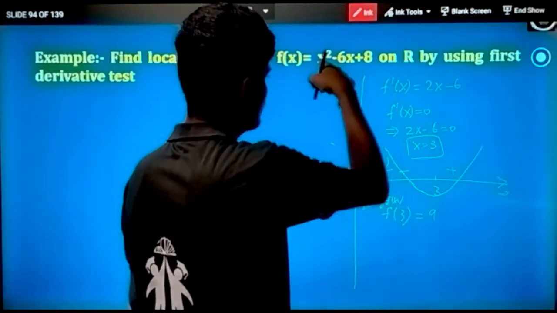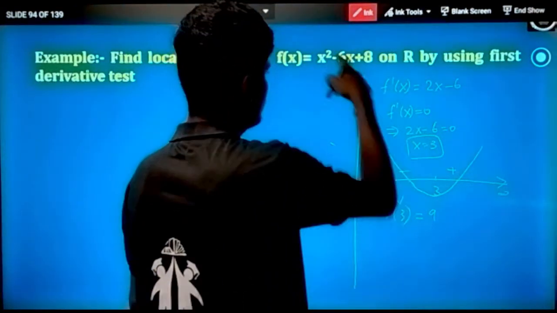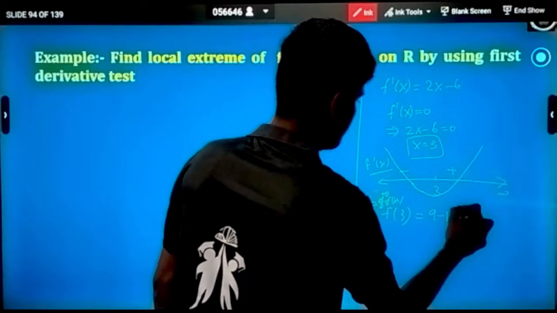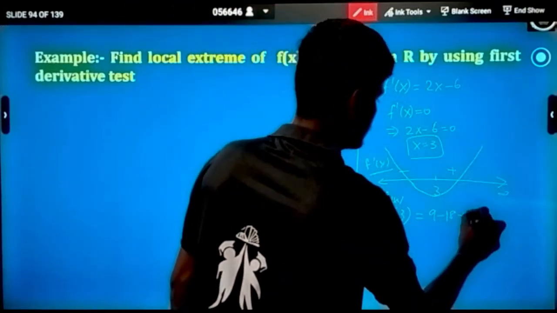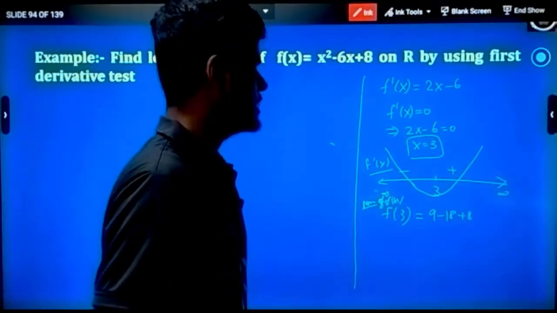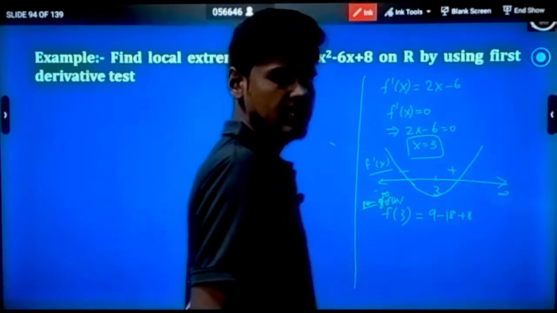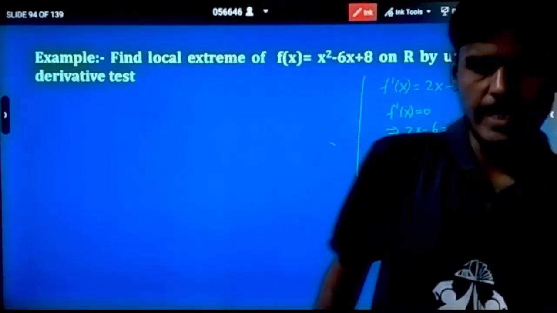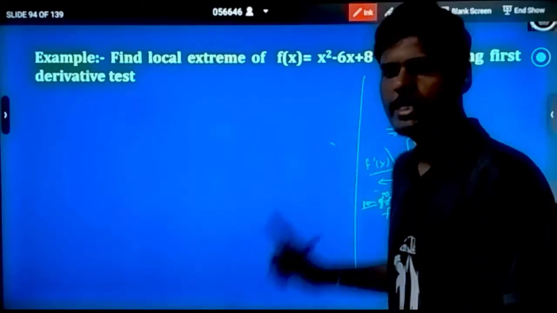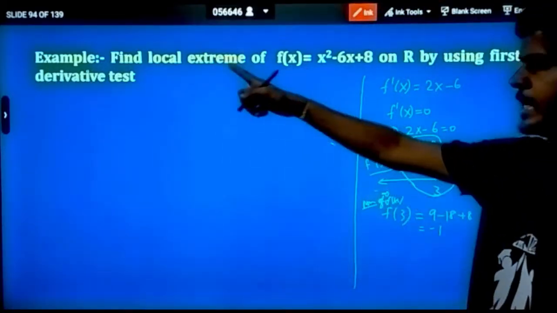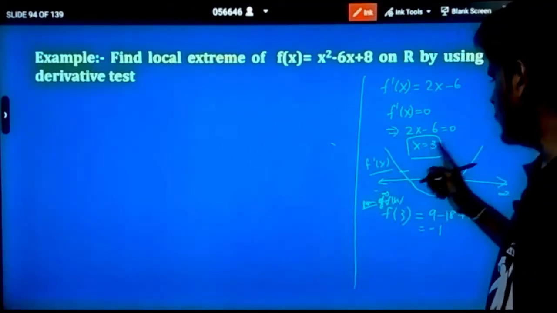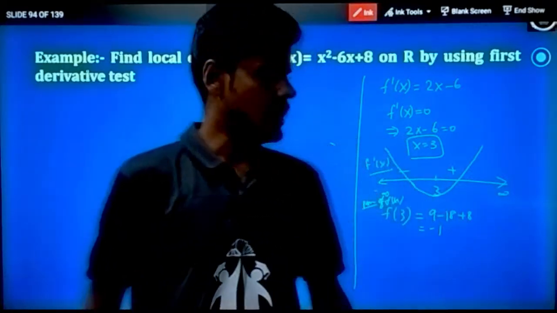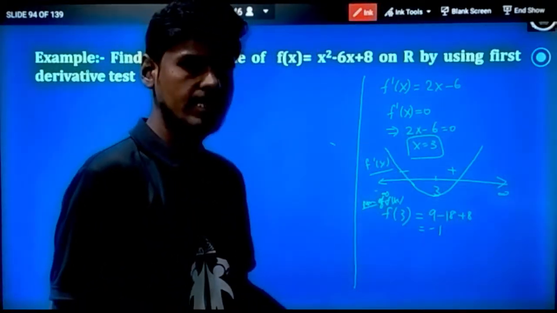Here 3 square is 9, minus 6 into 3, 18, plus 8. So what is the answer, students? 9 minus 18 is minus 9, plus 8 is minus 1. So f of 3 is minus 1. The minimum value is minus 1, and when the point of minimum is asked, that means x is equal to 3, or we can write 3 comma minus 1, that is the point.